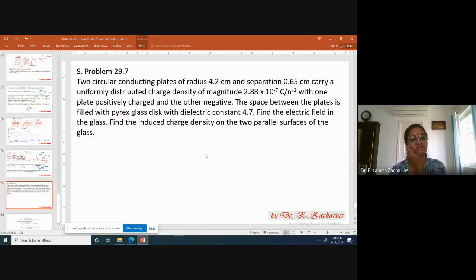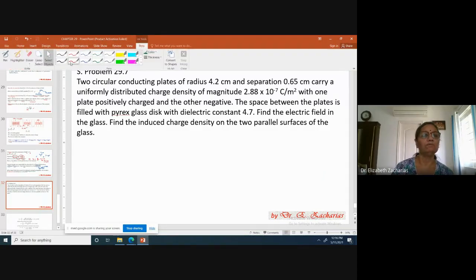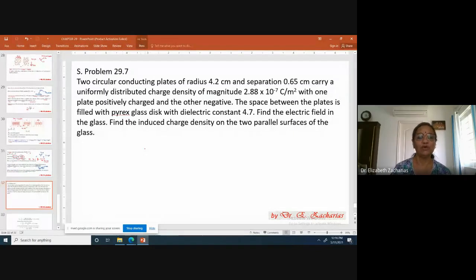Okay, so now let's do the last 5 minutes of the class, as this chapter is getting over. Here you are given two circular conducting plates. The radius is given directly, so the area is pi r square.